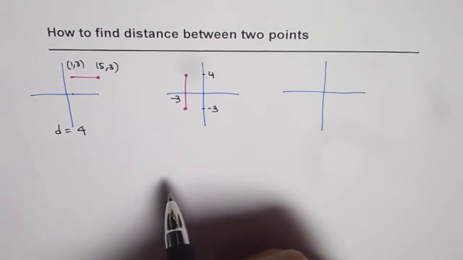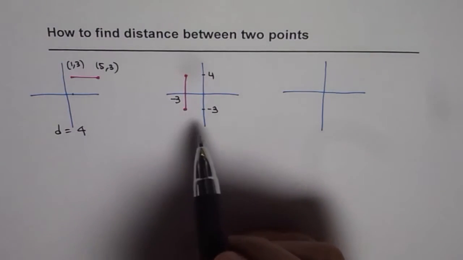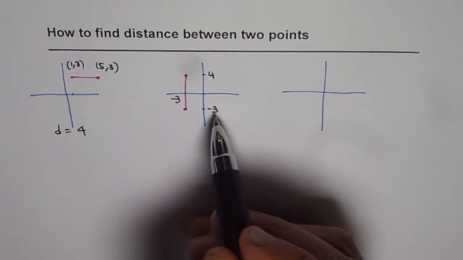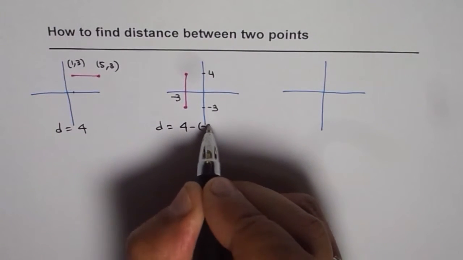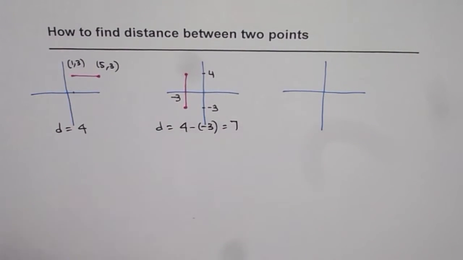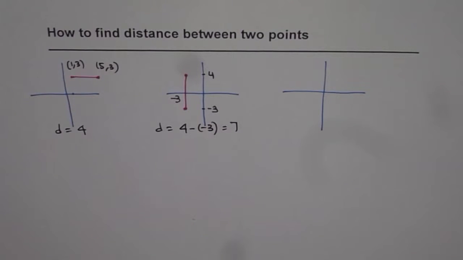Now what is the distance between these 2 points? Well, the vertical distance, the difference between 4 and minus 3, which is 4 minus of minus 3, so we get answer as 7.